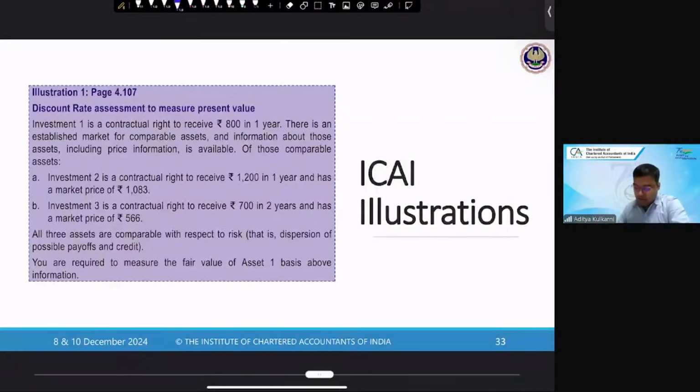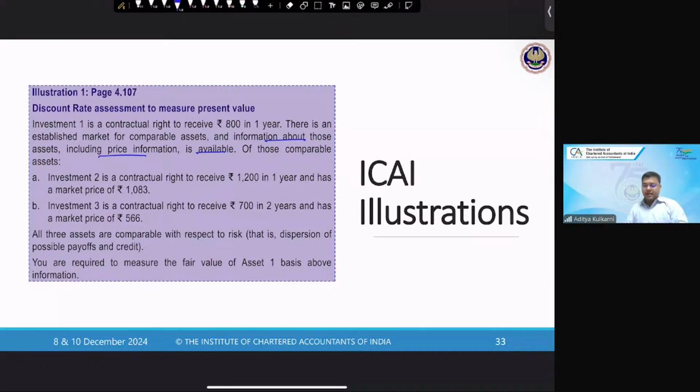Okay. Now, let us start off with one of these illustrations. Investment 1 is a contractual right to receive 800 rupees in 1 year. There is an established market for comparable assets, and information about those assets, including price information, is available.